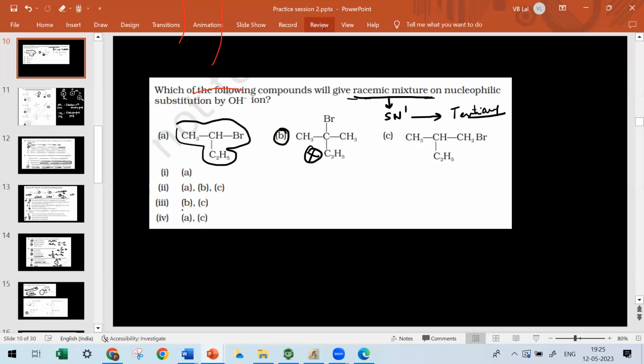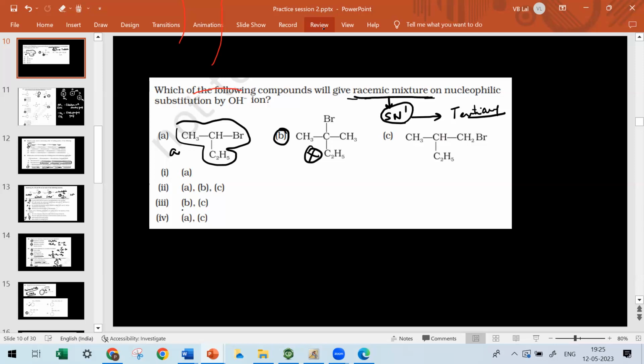So we should not only look at which one will undergo SN1. Definitely it should undergo SN1, but in addition to that, we should also look at the molecule which should be chiral. So here A is chiral, and C also?